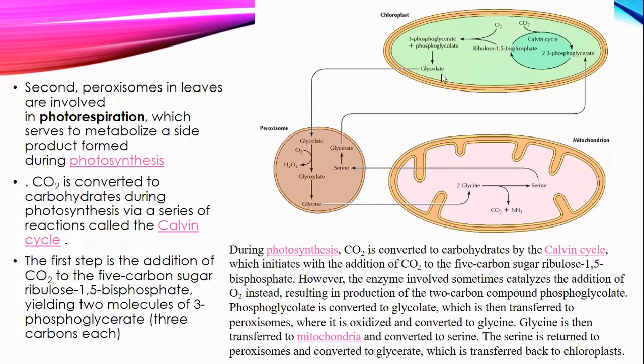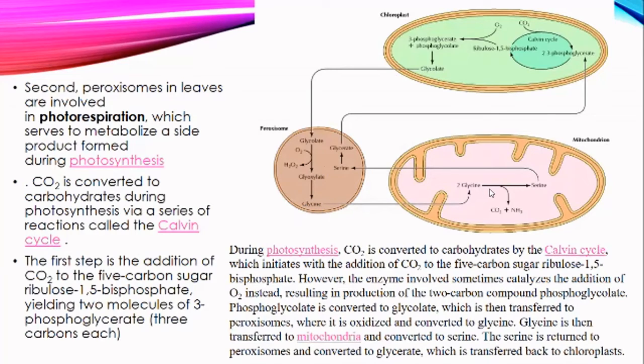Now, since glycolate is a harmful substance that needed to be converted into a glycine. So that will be the help of, or the peroxisome will do that. So it transforms the glycolate into glycine.